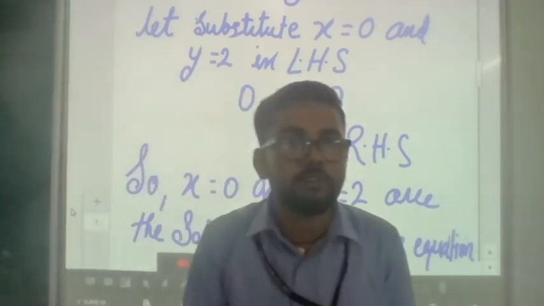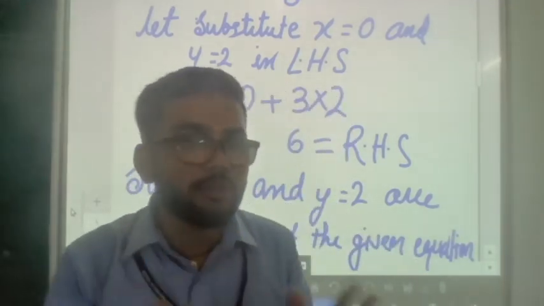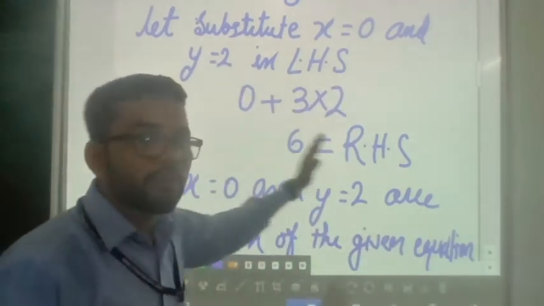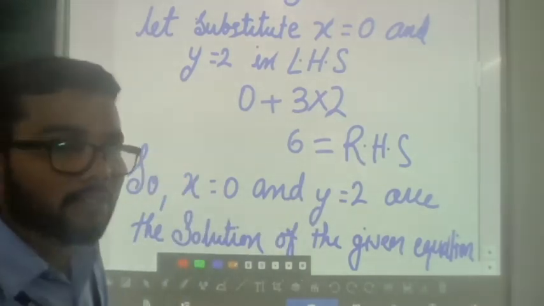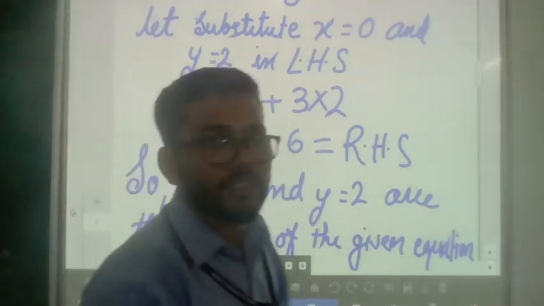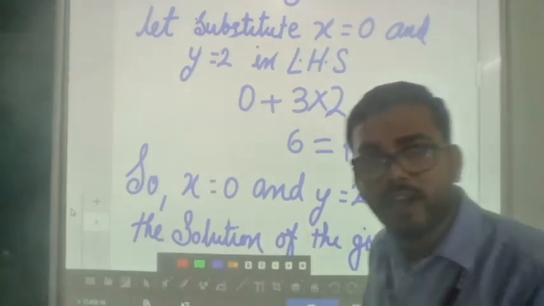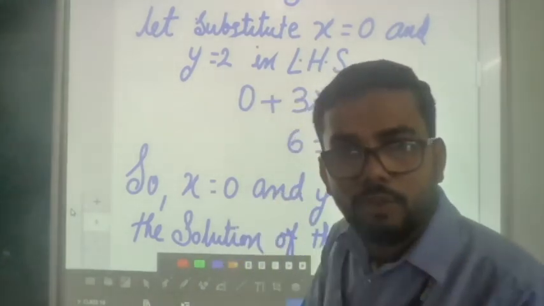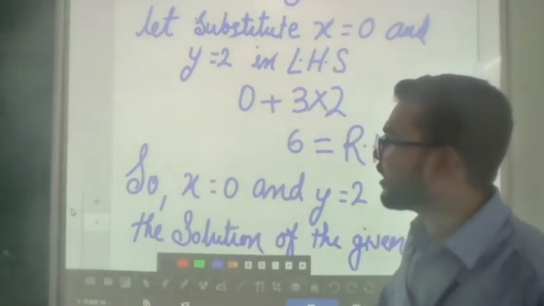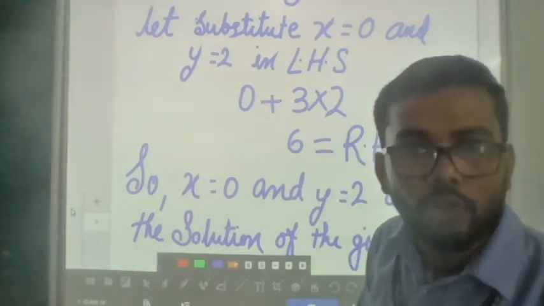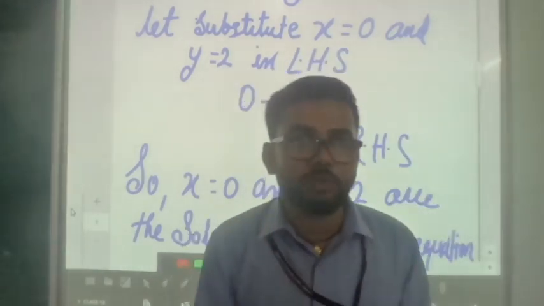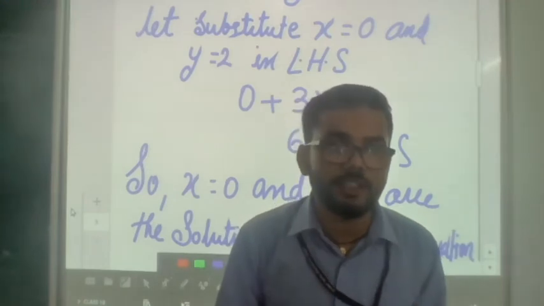Those values of variables that will satisfy LHS is equal to RHS. If LHS is equal to RHS for the values of variables, in that case those values will be the solution of the given linear equation.